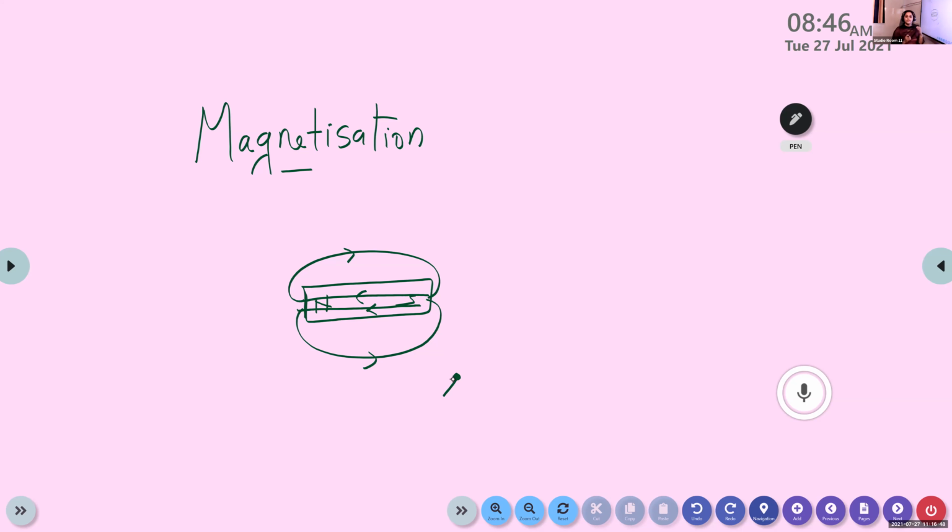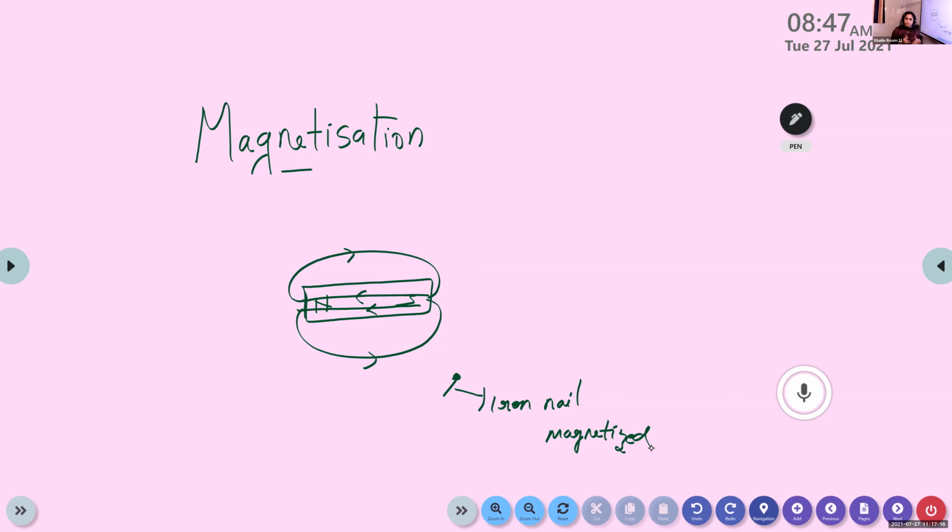So if you bring a material like iron towards any strong, powerful magnet, after some time that material gets some magnetic properties. So we can say that this iron nail is magnetized.